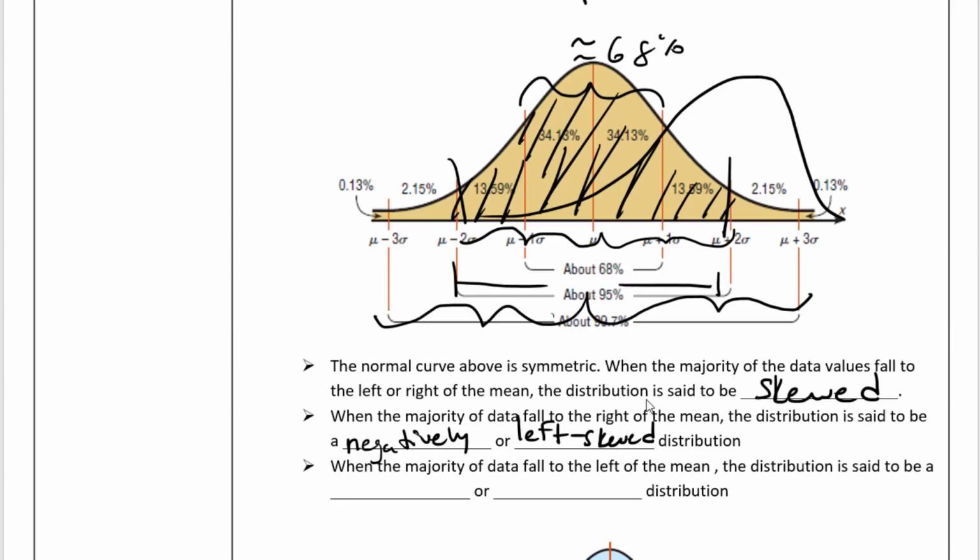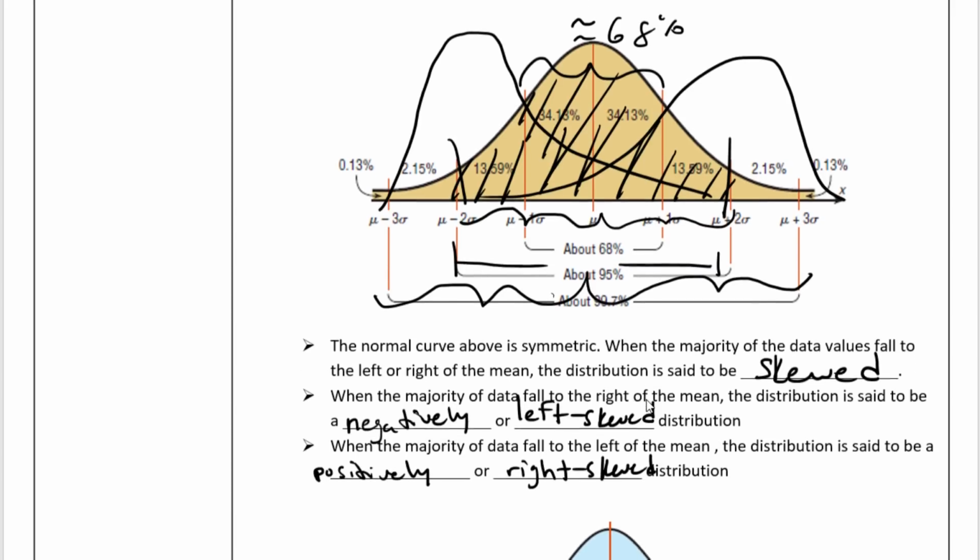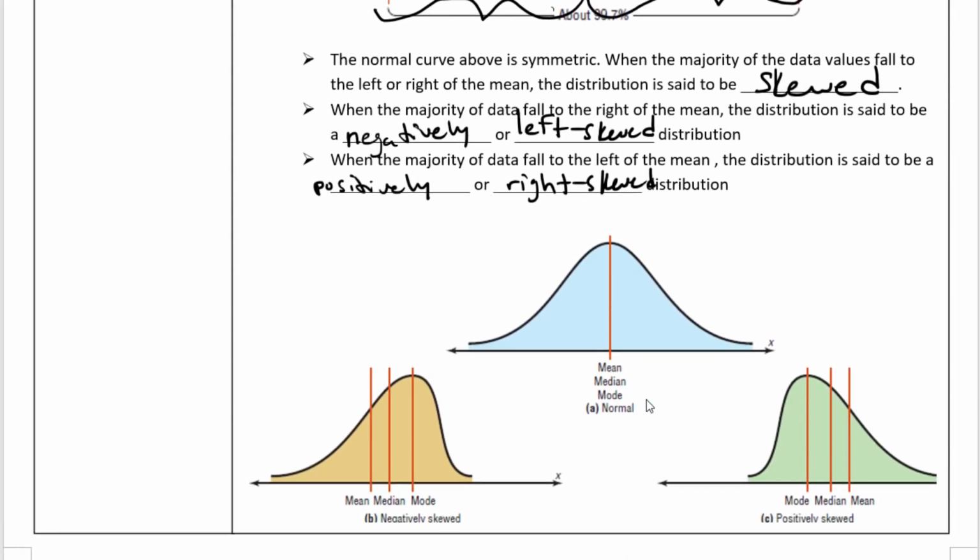When most of the data fall to the left, like that, then it's called positively or right skewed. Below is a picture of how that looks. So this is negatively skewed, positively skewed, and then normal.